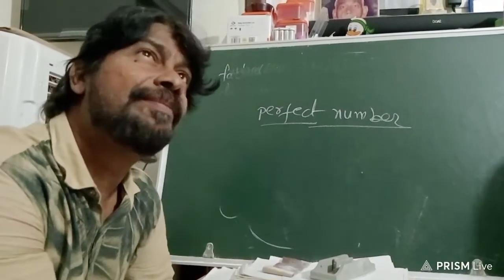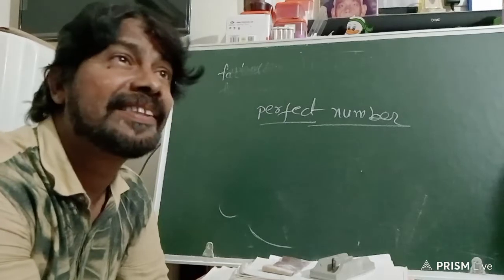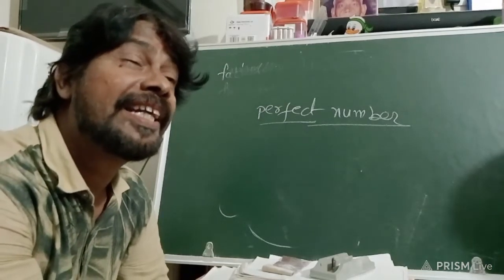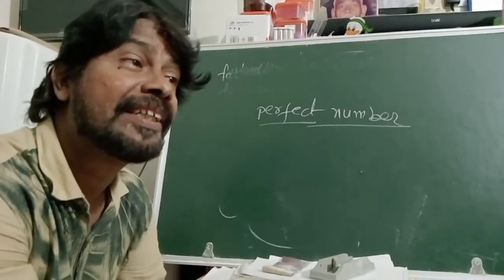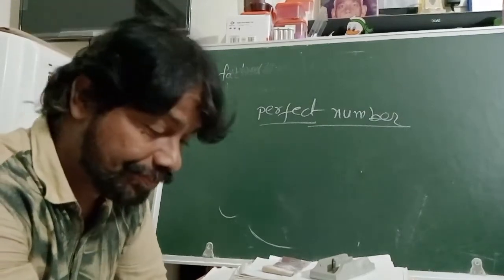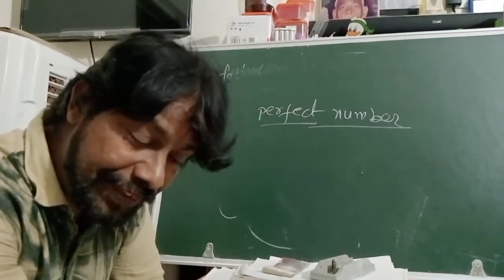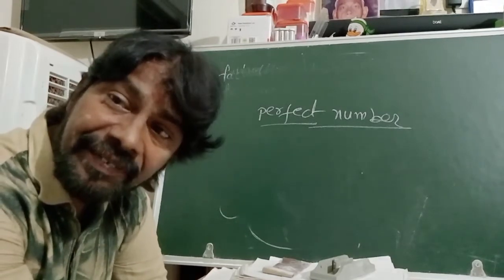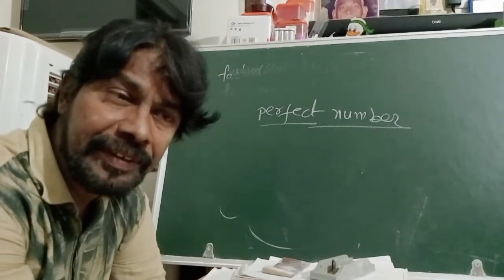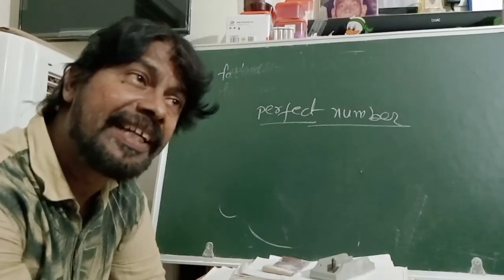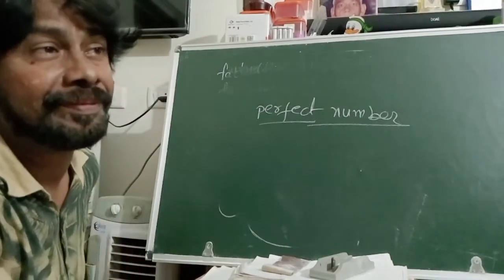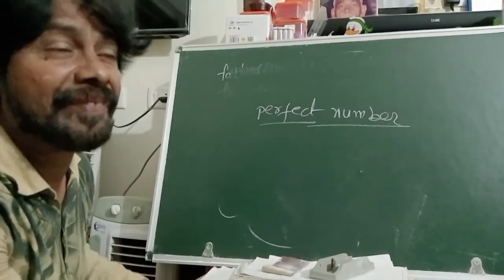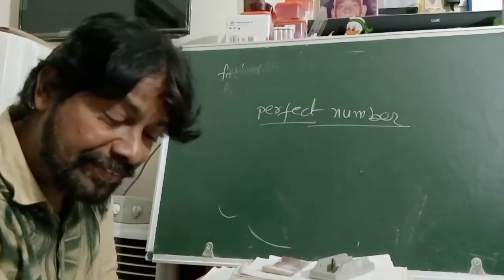If you take a number, find all the factors of that number and add them, and if you get the same number, then we say that is a perfect number. Suppose we take the example of 6.